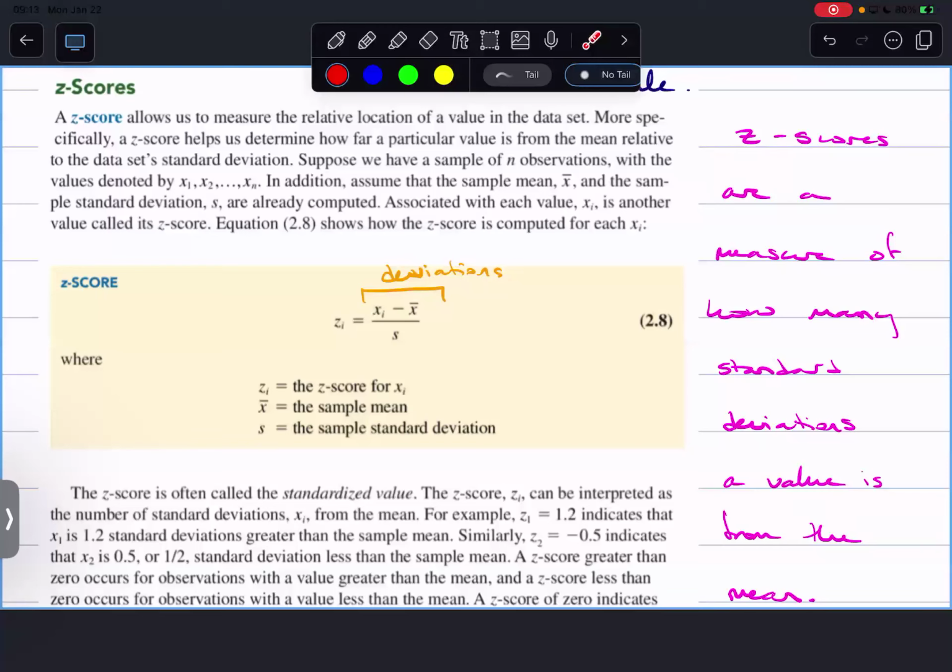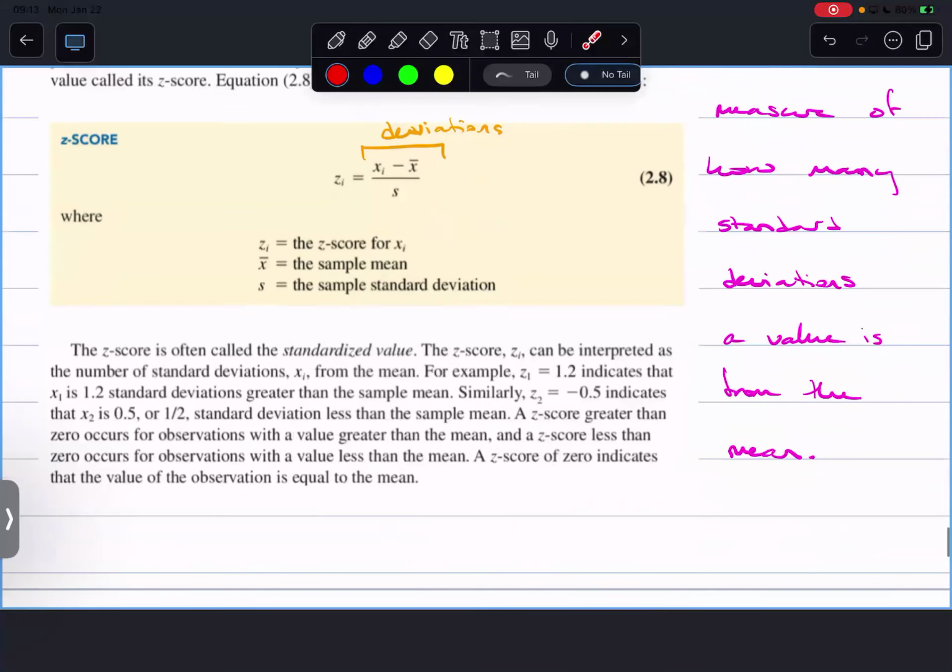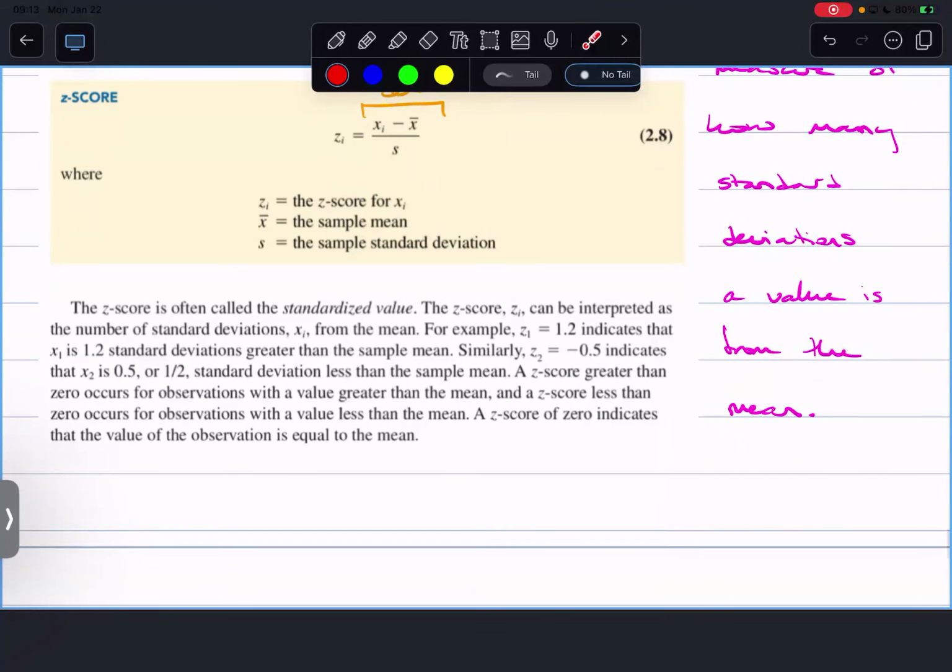The reason we do that is because I could have some mean on some large scale, and some standard deviation. But if I figure out how many standard deviations a point is from a mean, then the scale all of a sudden doesn't matter. Now we're talking about how many standard deviations away from the mean you are.